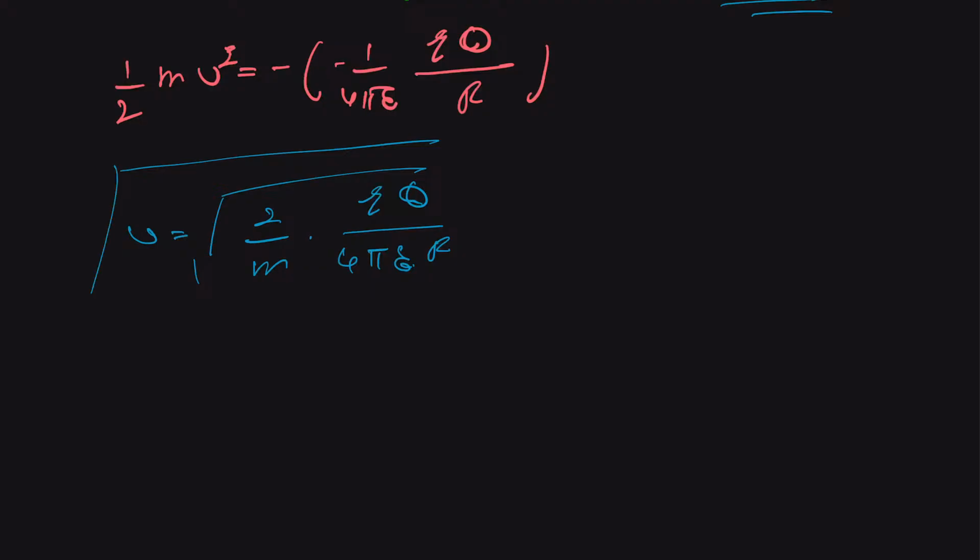So this will be the value of the velocity at the center when the charge of minus q is released from rest at a very far distance, which is our infinity.